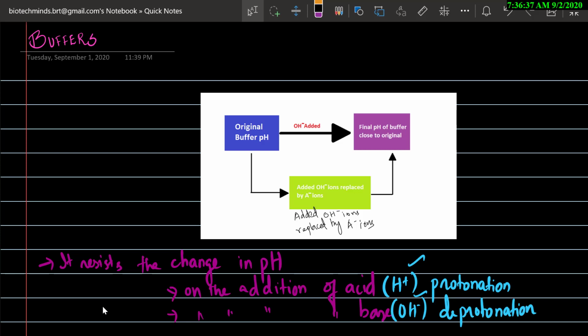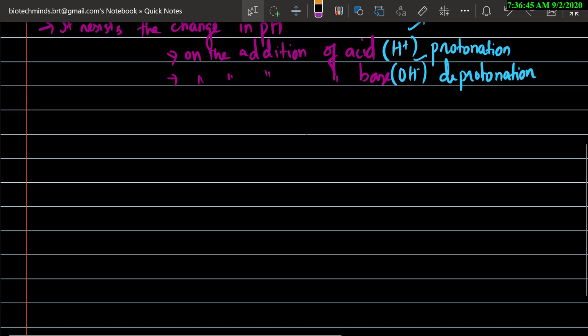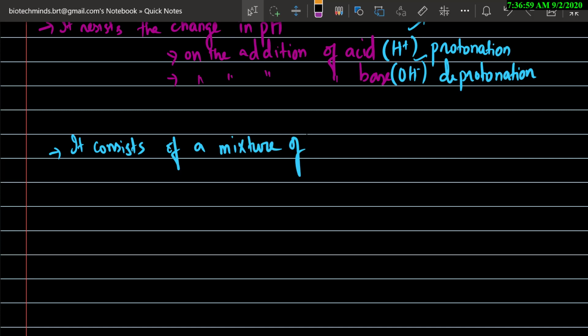And we can also define a buffer in terms of chemistry. How do we define it? It consists of a mixture of weak Bronsted acid and its conjugate base. I think we have discussed this in the other video.